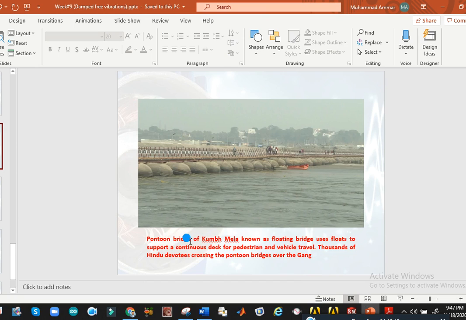You can see this is a pontoon bridge of Kumbh Mela, known as a floating bridge. It uses floats to support a continuous deck for pedestrian and vehicle travel. Thousands of Hindu devotees cross the pontoon bridges over the Ganges.